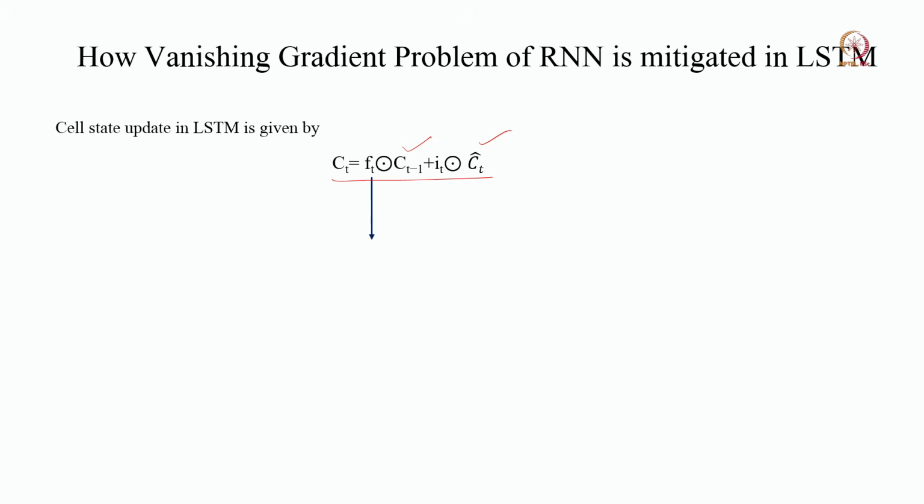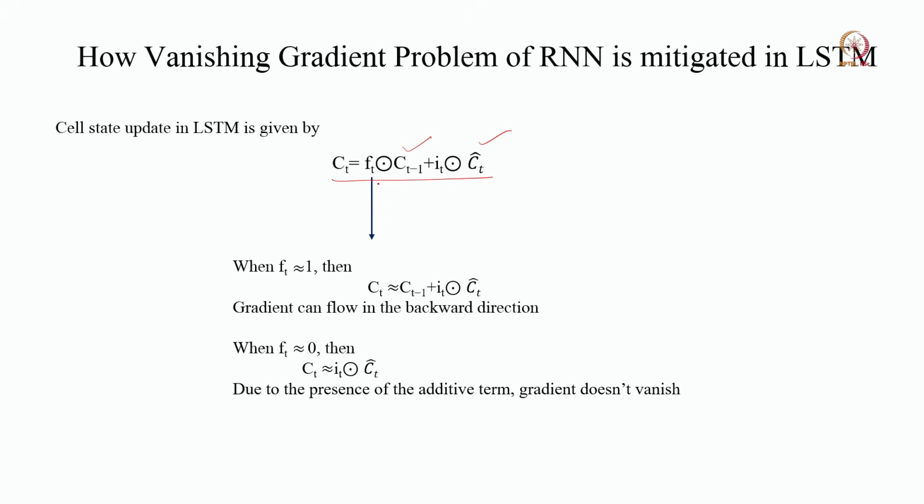Ft, as we have seen in the previous slides, can vary between 0 and 1, because Ft is coming out of the sigmoid activation function. When Ft is almost equal to 1, we have this entire thing. So some value will be there. It is approximately Ct minus 1 plus whatever term is here, It into Ct hat. So there is no problem in the gradient flow in the backward direction.